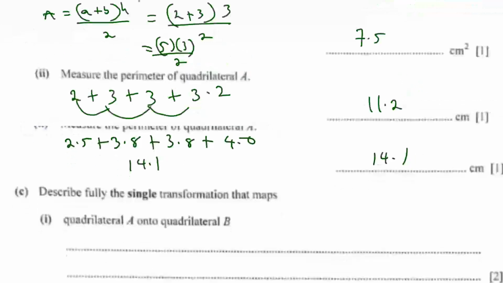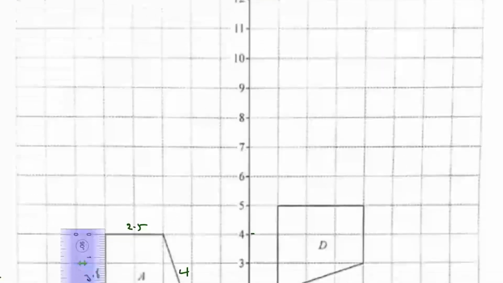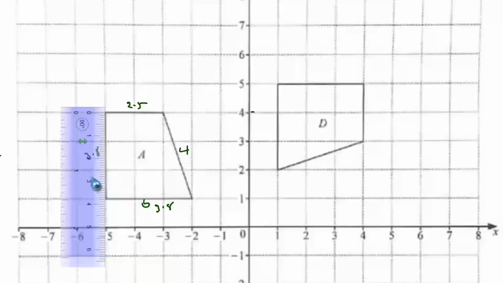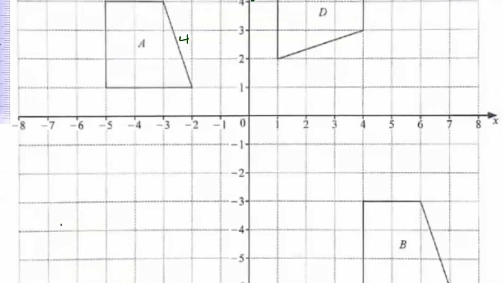Part C, describe fully the single transformation that maps quadrilateral A onto quadrilateral B. So that is A onto B. This is A, so we are done with this. A onto B, and B is down here.